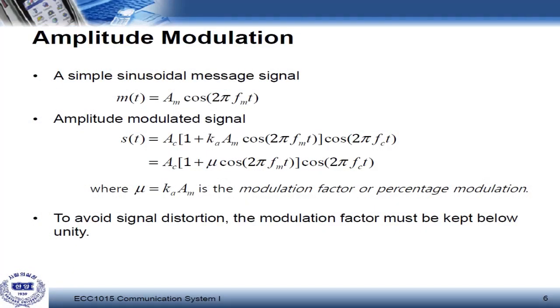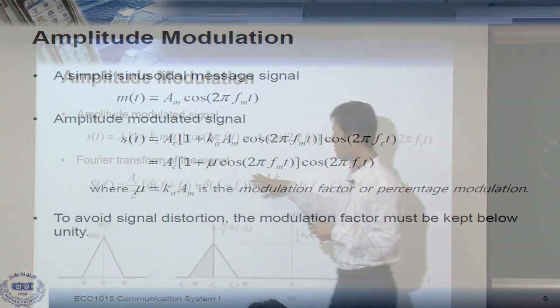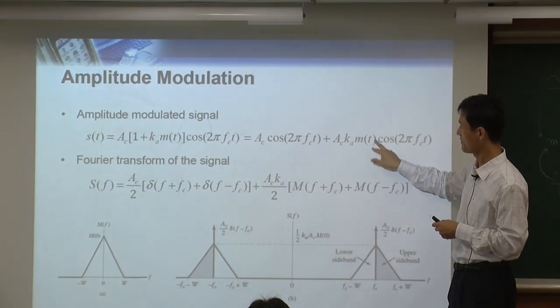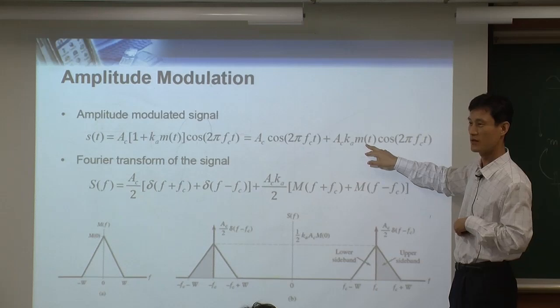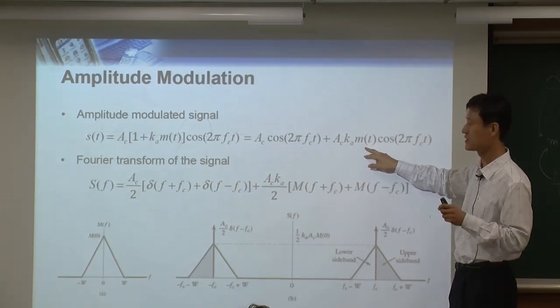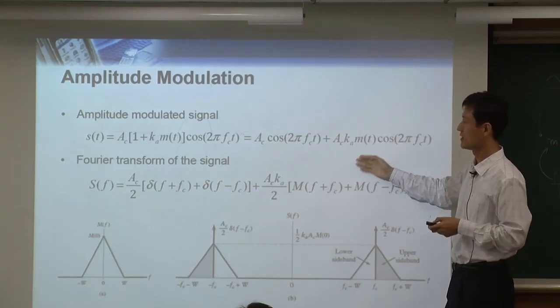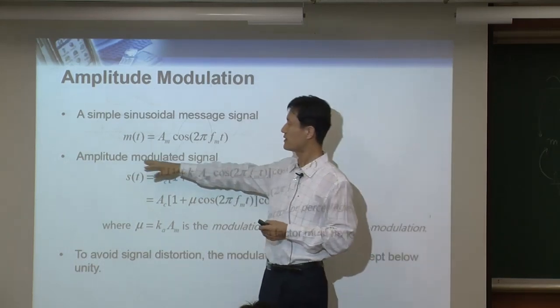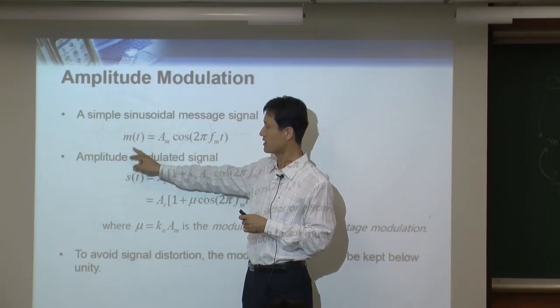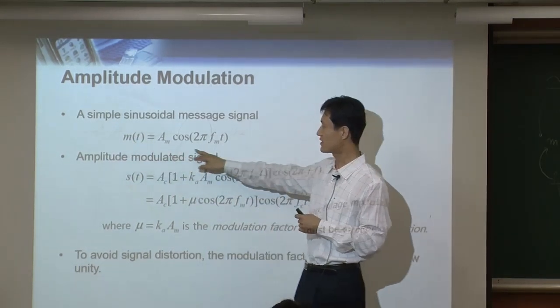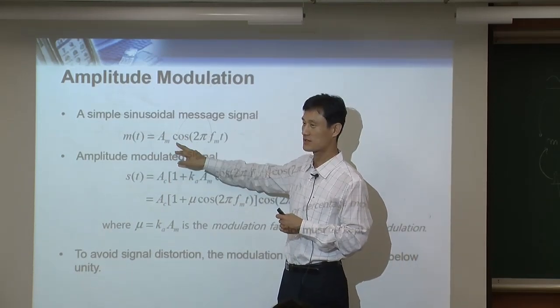This slide basically gives you a simple example. Let's say our message in the previous picture, we didn't assume anything. M(t) is just still M(t), not a specific message, just general. But now, as an example, let's suppose that our message signal is just a simple sinusoidal signal.